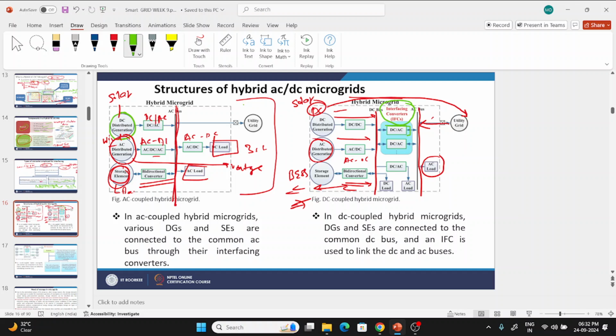These converters will be used to connect the DC bus and AC bus, and through these converters the power flow will be going on. So this is another structure, we can say, in which we can connect our microgrid, which is hybrid DC or AC. This is the second such structure, but in this structure we use interfacing converters.